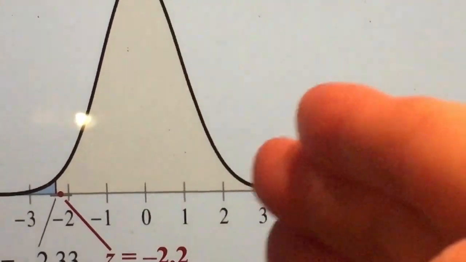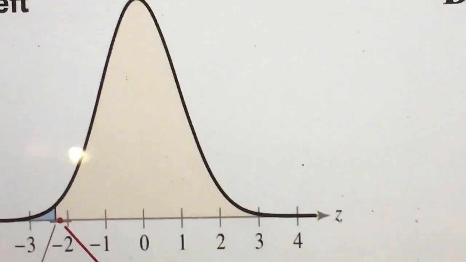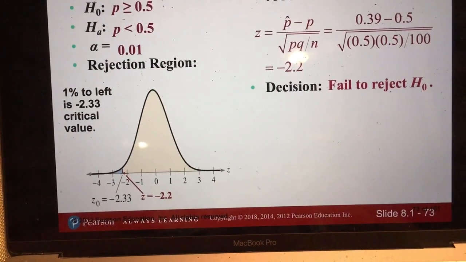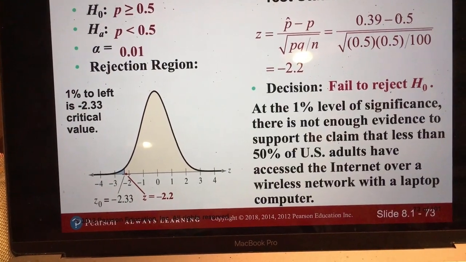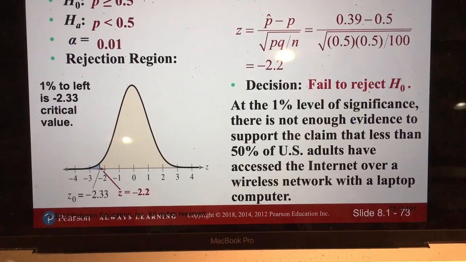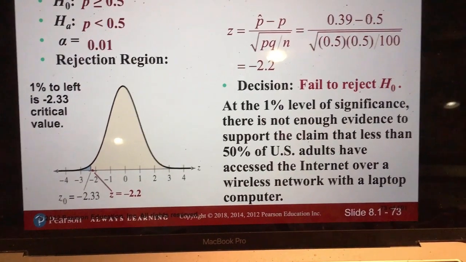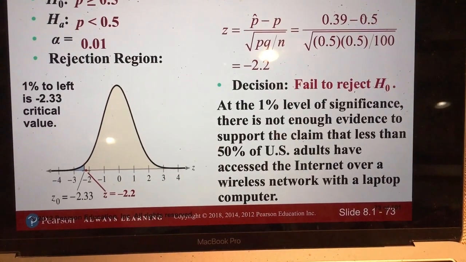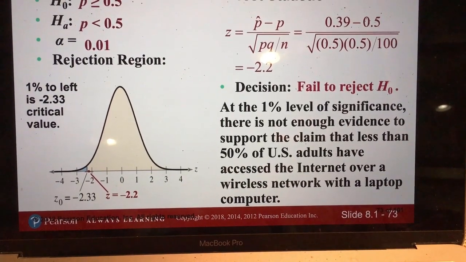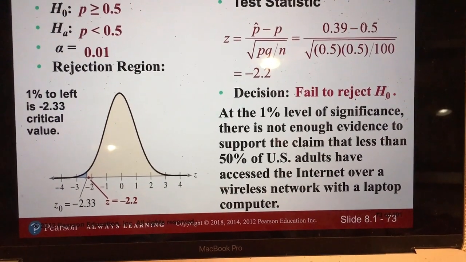It's in the normal range. It's not in the rejection region. So I fail to reject H sub O. At the 1% level of significance, there is not enough evidence to support the claim that less than 50% of U.S. adults have accessed the internet over a wireless network with a laptop computer.